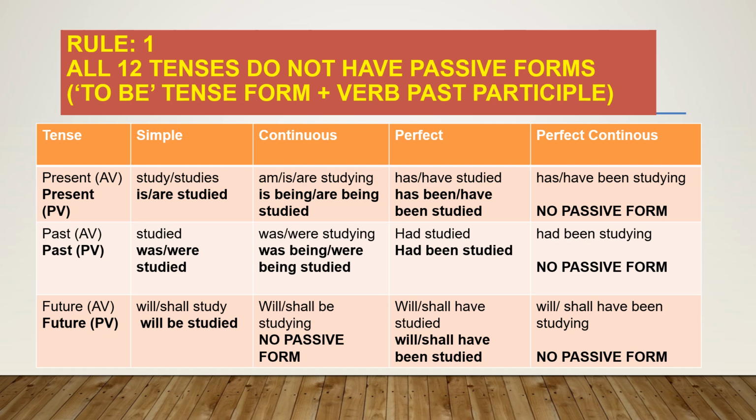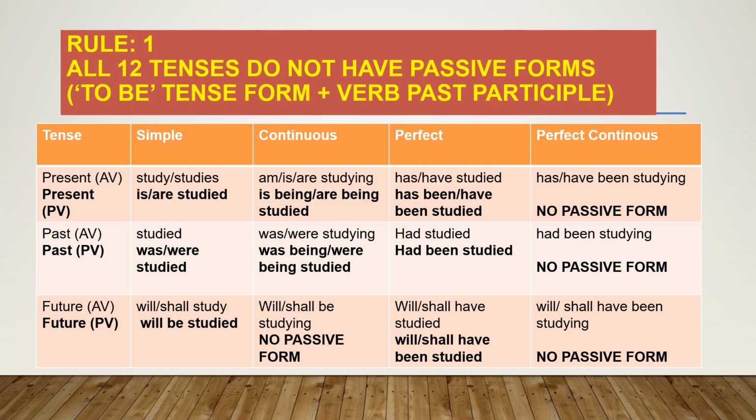So here you have a chart where you have all the 12 divisions, because the active verb is put in all the 12 columns, but the passive is not there in 4 of the columns. You can see in column number 2, future continuous does not have a passive form.